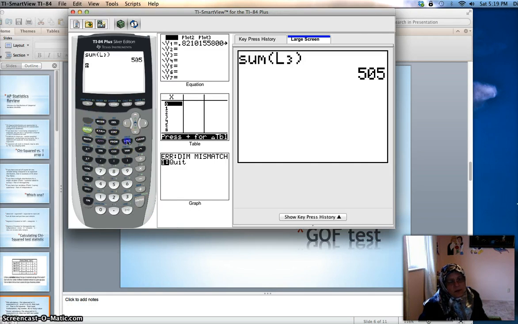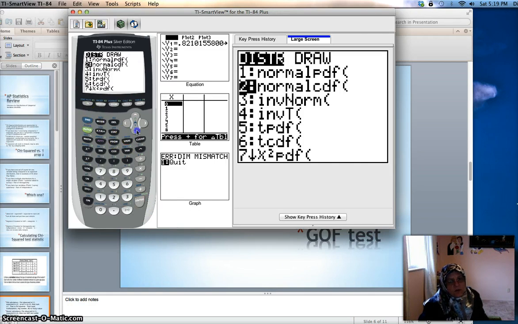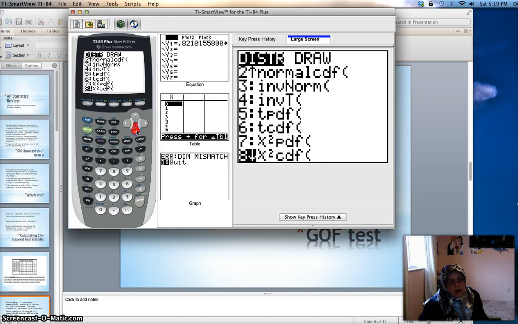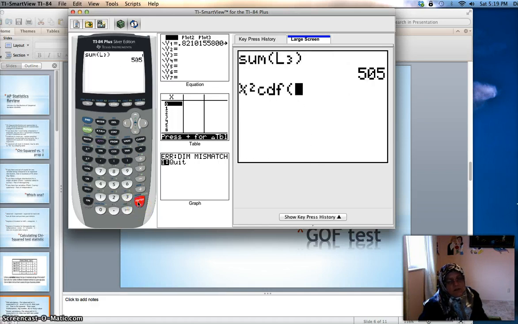Now that I have it, I go into the distribution menu, and I'm looking for chi-squared CDF to find that shaded area from that test statistic or greater. So I can go second answer, right, comma, big value, comma, whatever my degrees of freedom are. Let's see, I think I had 7 values in the list, so it would be 6 in this case.